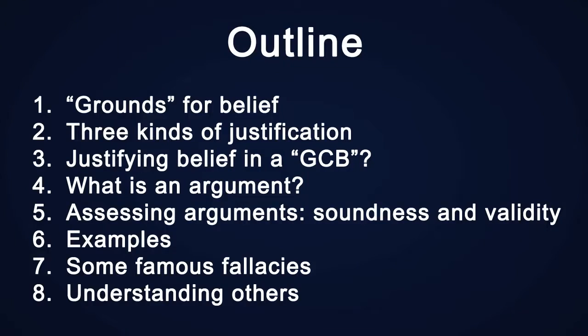From there, we'll move on to some famous fallacies that I'll be asking you to watch out for, be on your guard against in the reasoning both of yourself and others. And then we'll close with a quick discussion of how one wants to use this new skill you're just acquiring in a thoughtful and empathetic way that involves not stepping on other people's toes as you criticize their arguments. So that's what we'll end with.